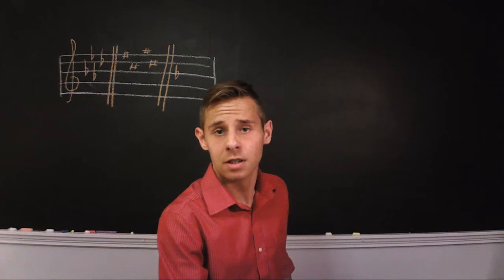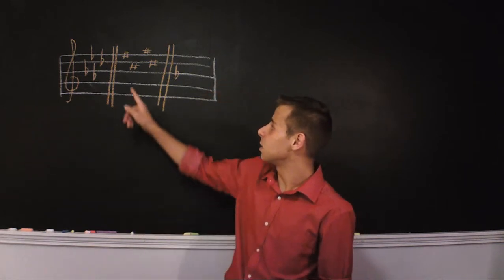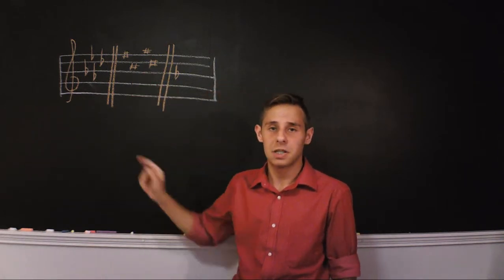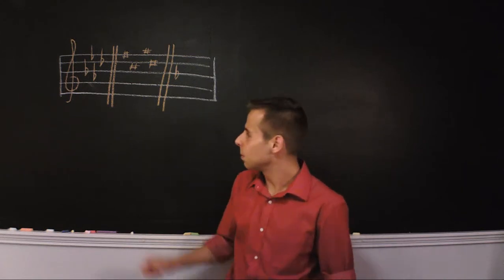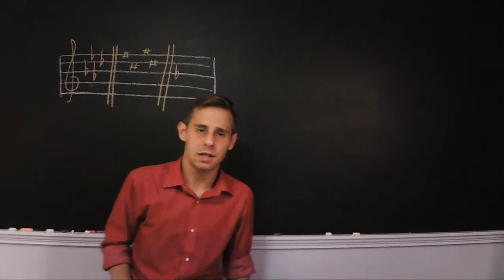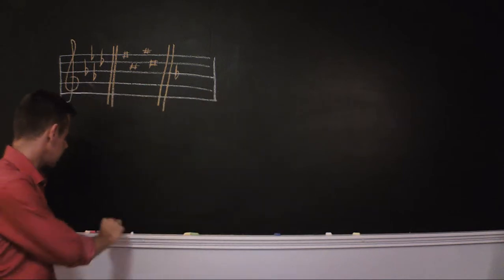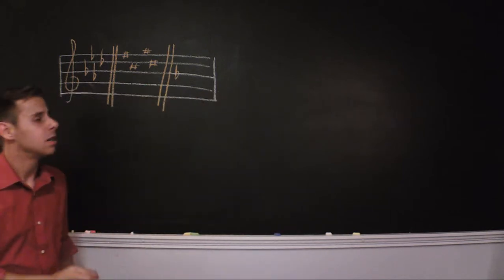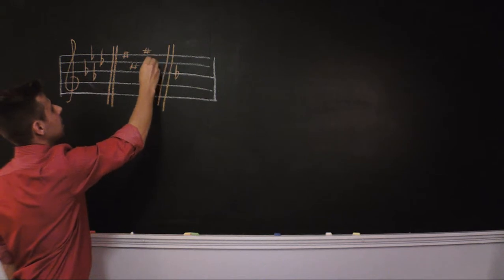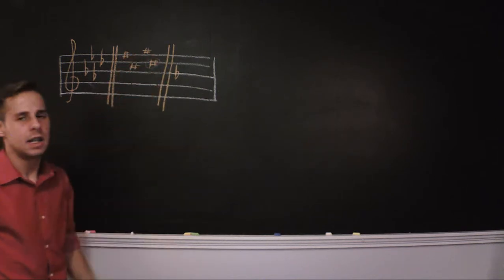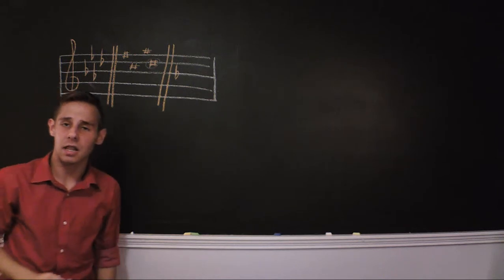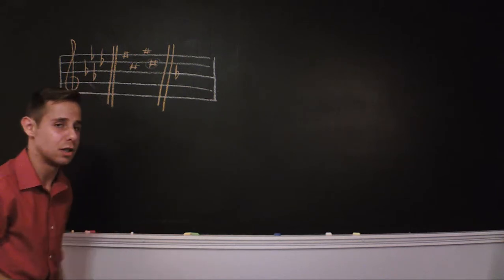If you remember, we did cover how to read sharp key signatures, but we did not cover how to read flat key signatures. So let's start with the sharp, because we might already know that. Think back, and if you remember, we look at the last sharp, right? Not the first, none of the middle ones, the last one. And the last one represents the leading tone of the major scale, so degree 7.